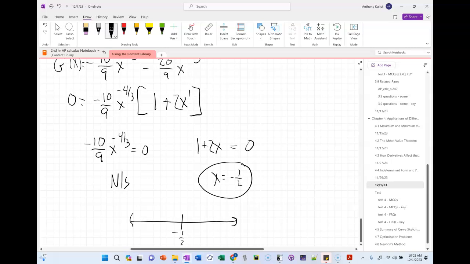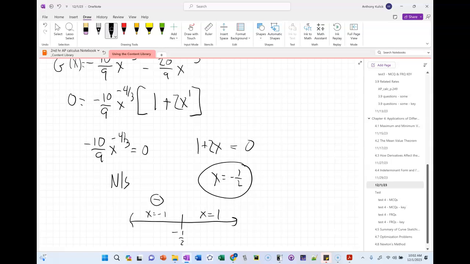So we'll do the same thing. We'll make our sign diagram. We'll pick a couple of test values. Oops, can't pick 0 though. Pick 1. If I do -1, I get negative times negative, that's going to make that positive, and then negative there. So 3 negatives.